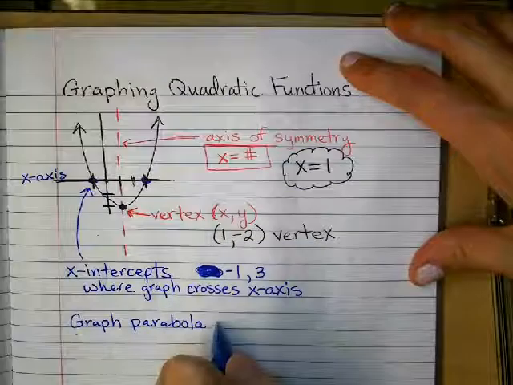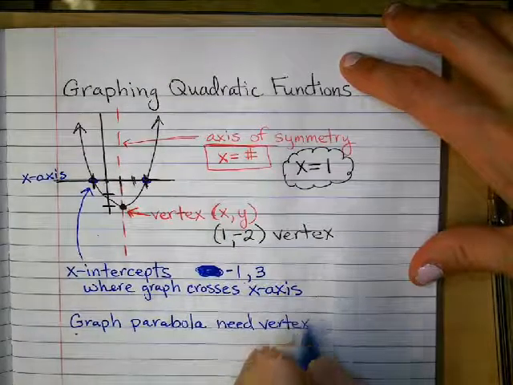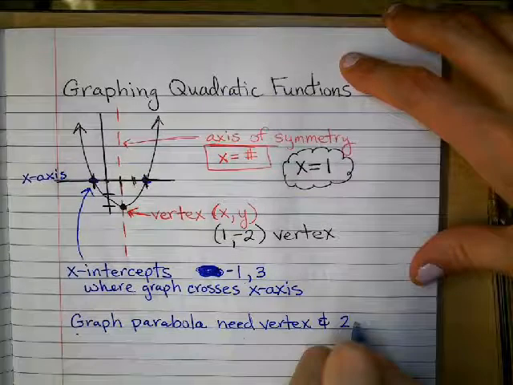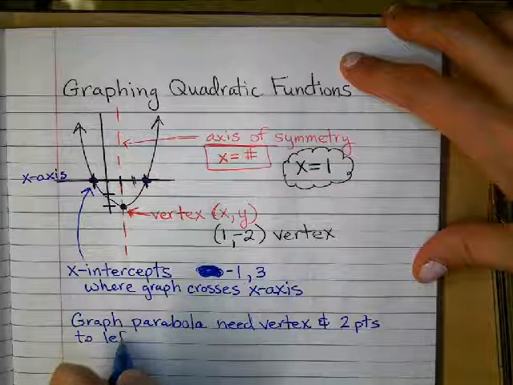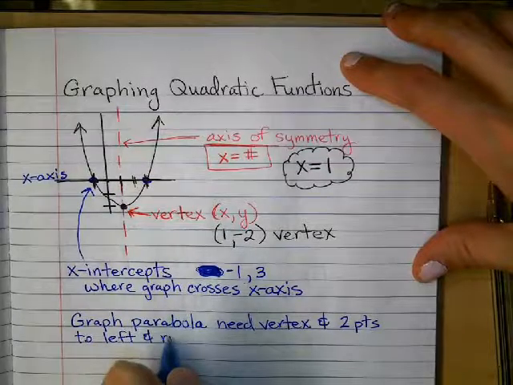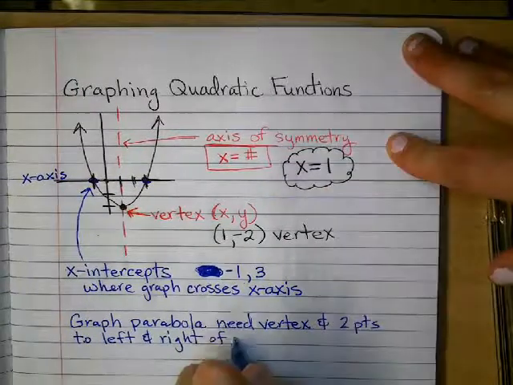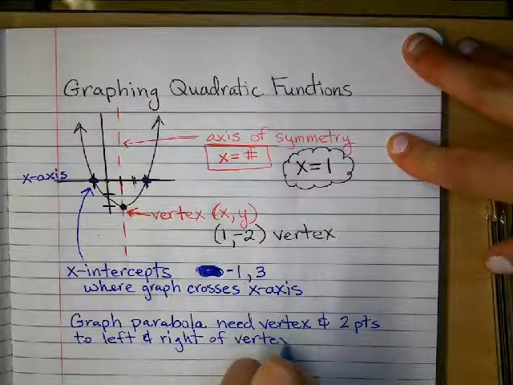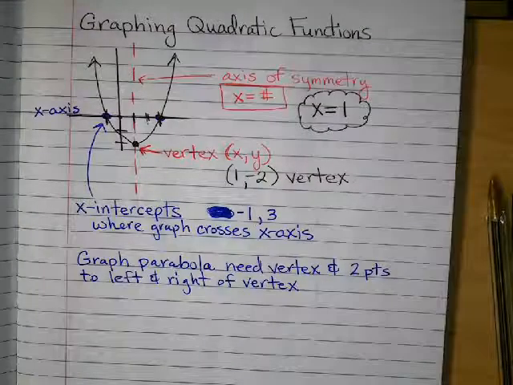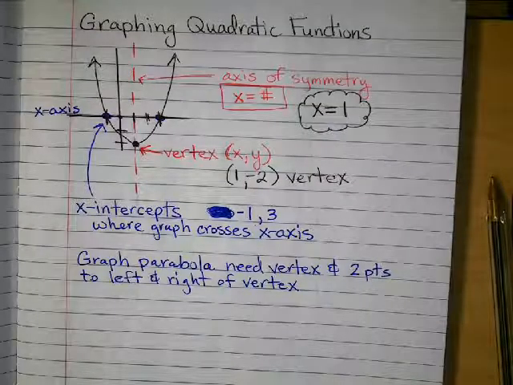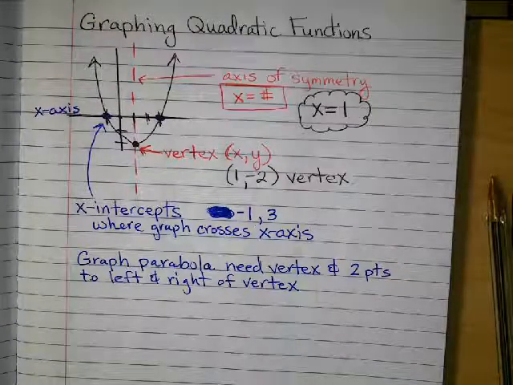You need the vertex and 2 points to the left and 2 points to the right of the vertex. In total, the vertex point, then you'll have the sides, so you're going to have graphing points.